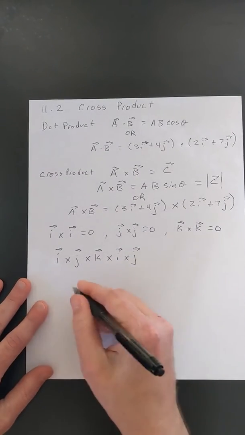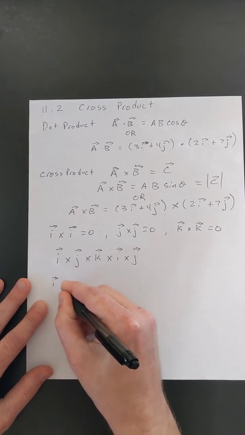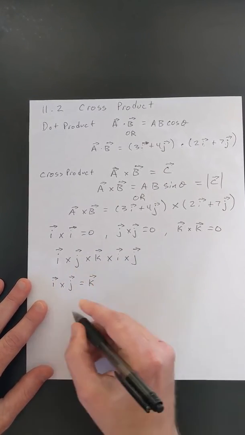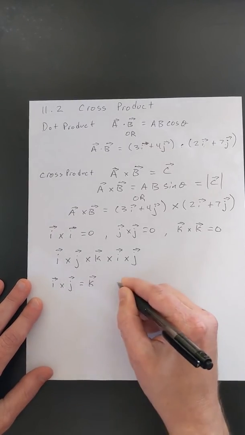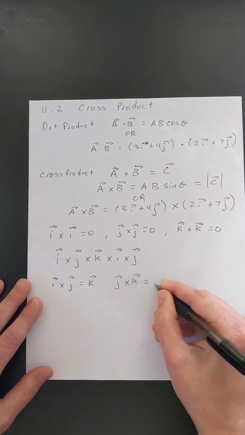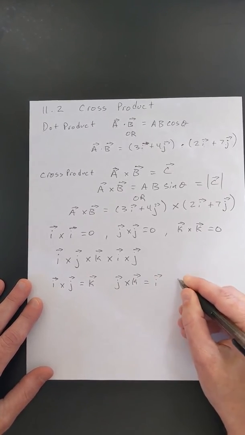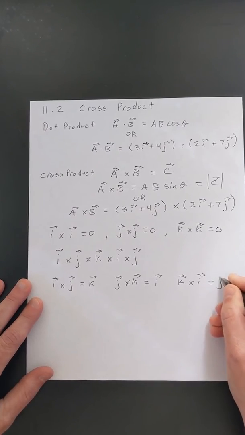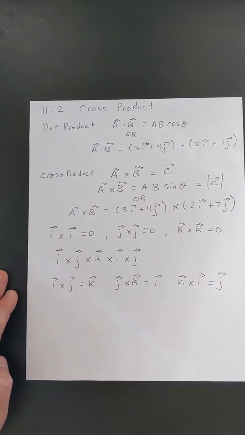Now these are all true statements. i cross j is k, and j cross k is i. Lastly, k cross i is j. Check the right-hand rule. You'll see these are all true.